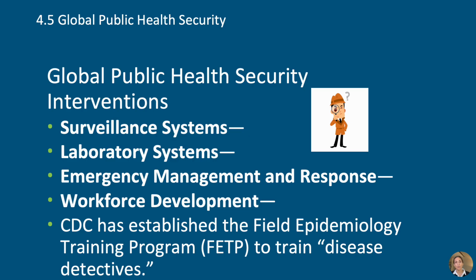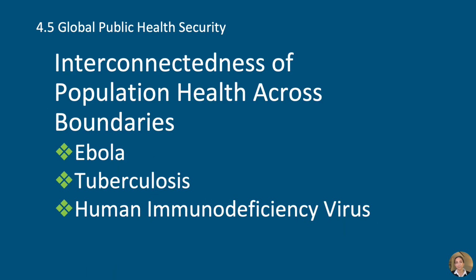And when we look at workforce development, every country should have a really well-trained, highly skilled team to investigate potential outbreaks and intervene quickly. And the CDC has established the Field Epidemiology Training Program to train what they call disease detectives.